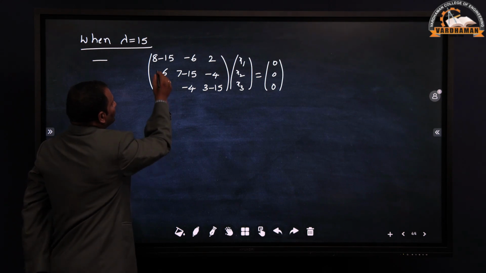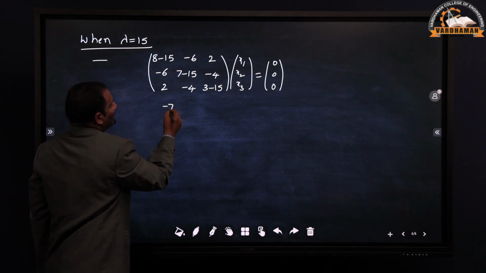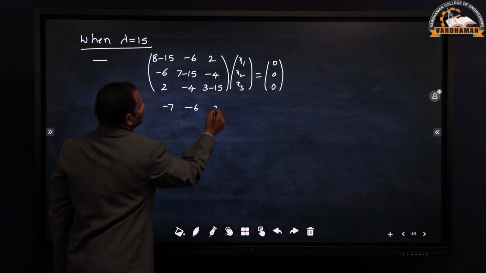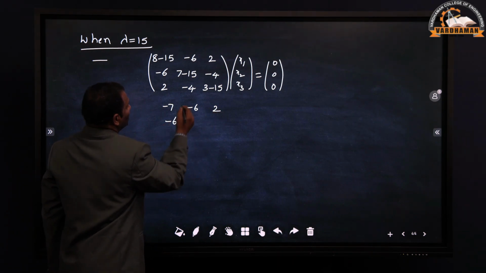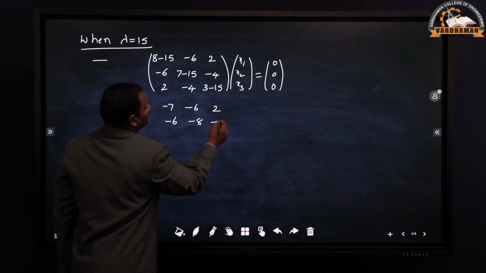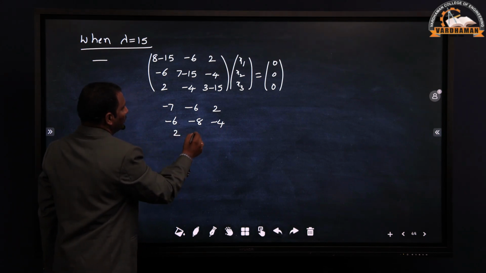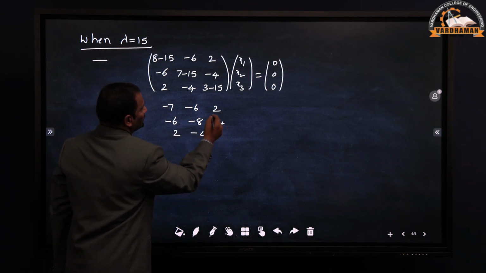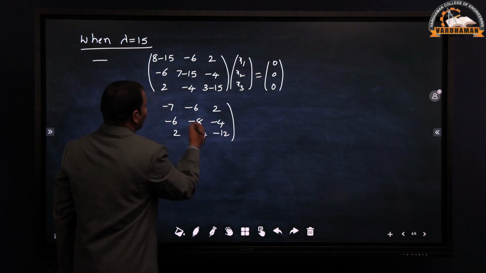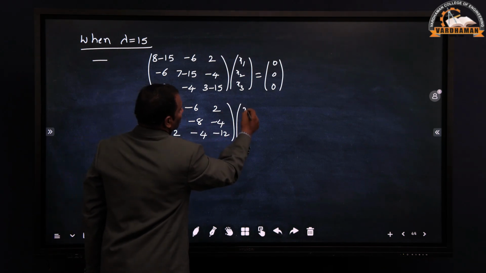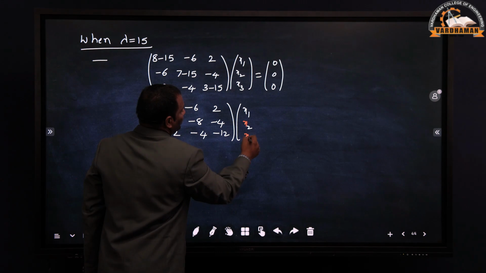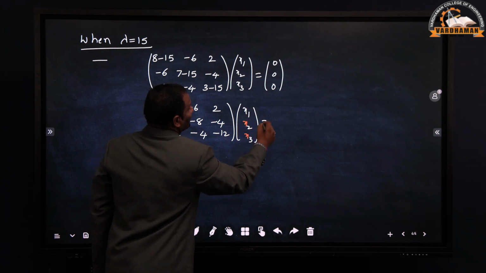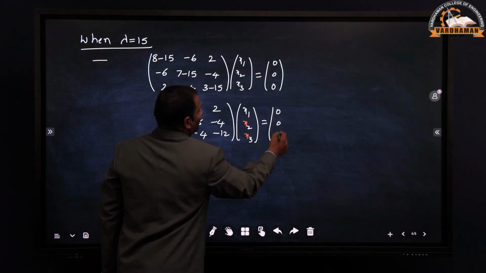Computing it: minus 7, minus 6, 2; minus 6, minus 8, minus 4; 2, minus 4, minus 12, into x1, x2, x3 equals 0, 0, 0.